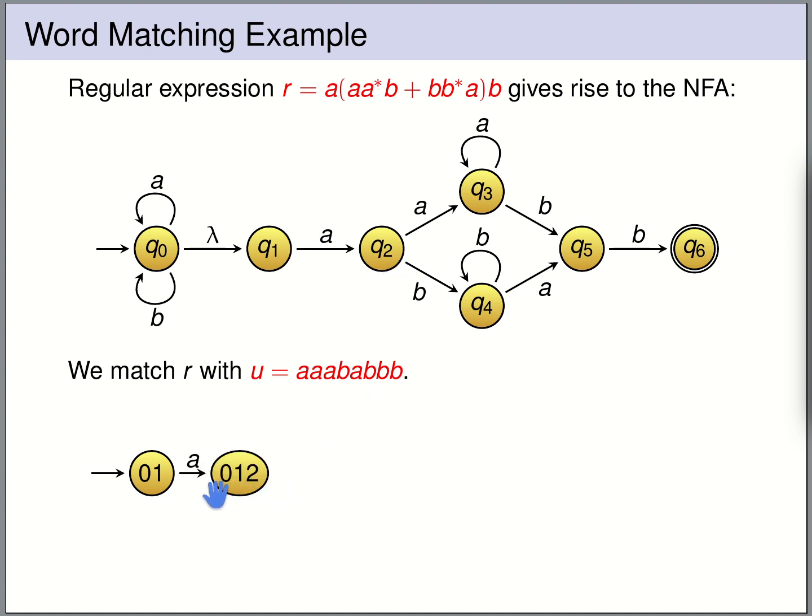And again, I'm denoting this set without writing set brackets, and I'm just writing the number of the states without writing Q0, Q1, Q2. I just write 0, 1, 2. Now the next letter is again an A. So the question is again, where do we go from Q0, Q1, Q2 with an A path? We already know from states Q0 and Q1, we get to Q0, Q1, Q2.